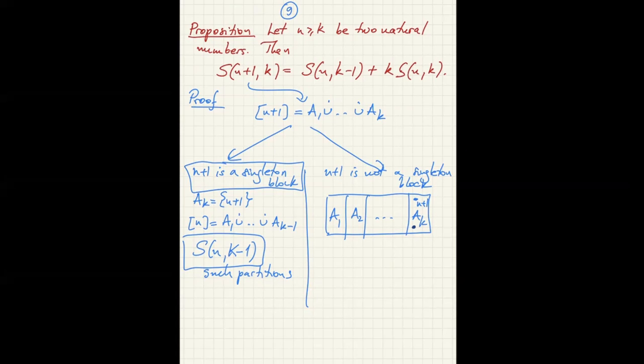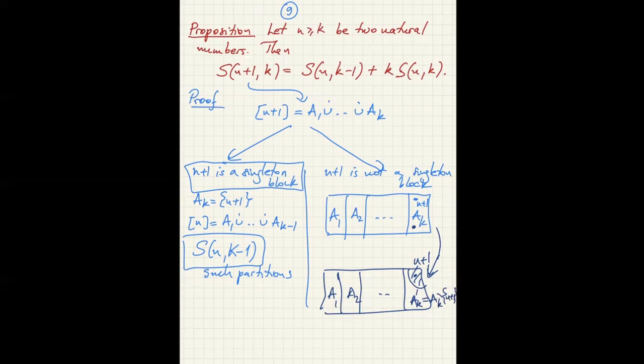So in this situation, from that partition of n plus 1 into k parts, we can get another partition, in which we take away the n plus 1. So this part with n plus 1, we throw the n plus 1 away, and we have here, let's say, A prime k, which is AK minus n plus 1.